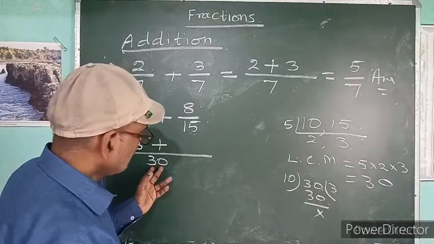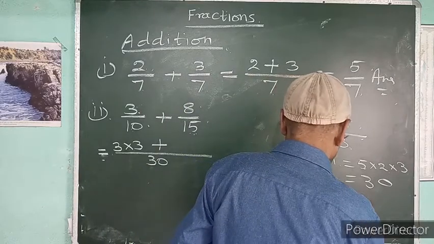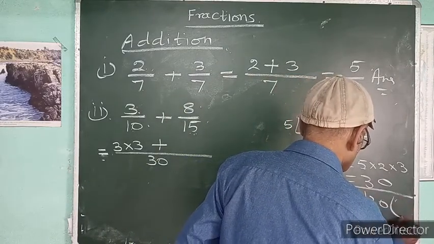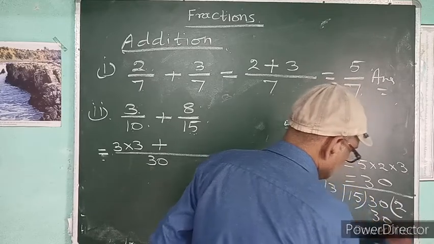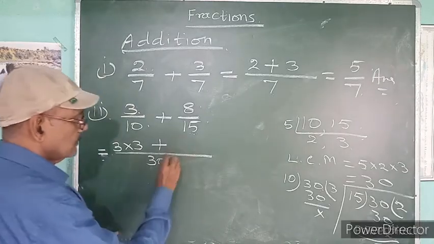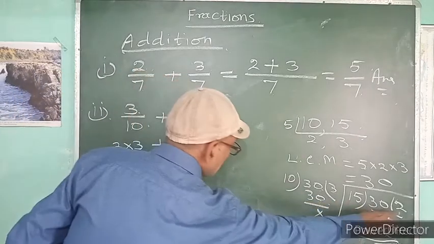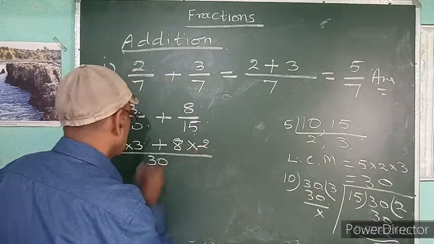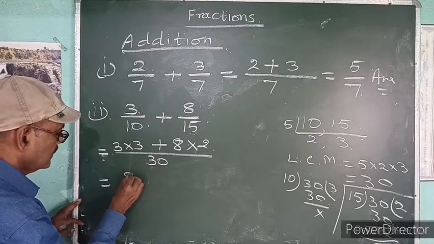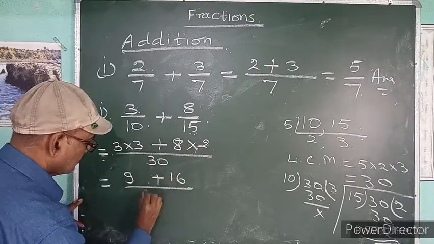Now divide 30 by 15 again. You go 2 times. Now multiply the numerator 8 by the quotient 2. Now simplify. 3 3s are 9 plus 8 2s are 16 upon 30.